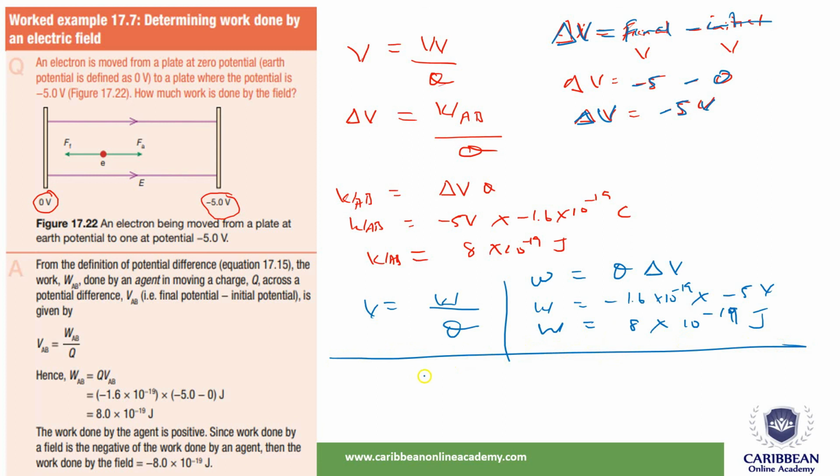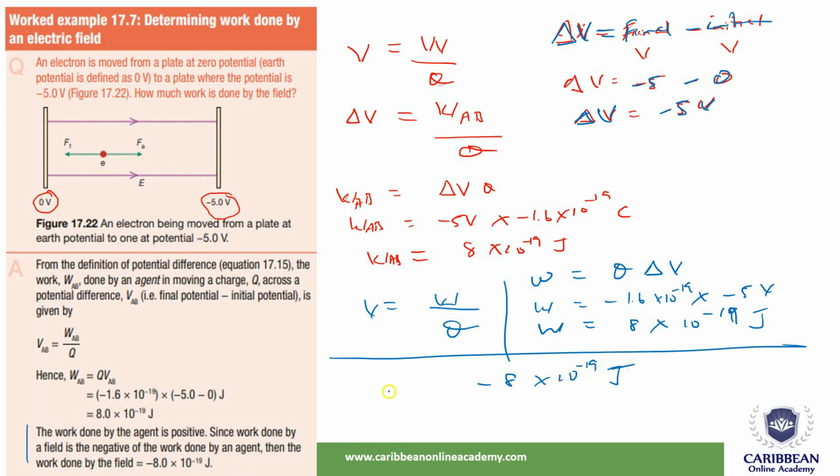The same amount, but the opposite. So if you're following right here, it says that the work done by the agent, which is the external system, is going to be a positive work. But since work done by the field is negative of the work done by the agent, the work done by the field is negative 8 times 10 to the minus 19 joules.